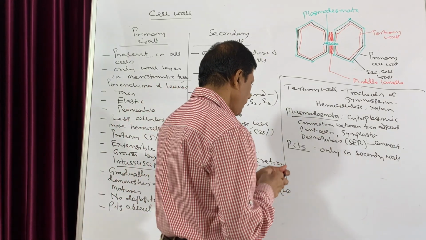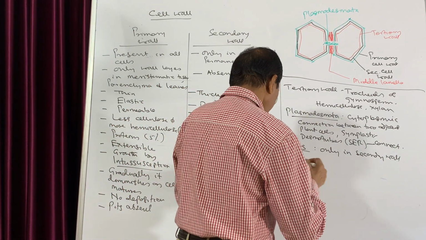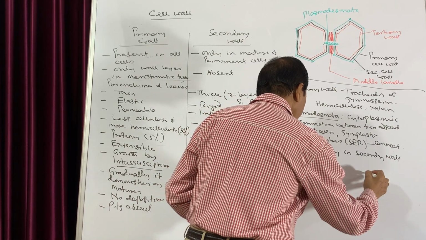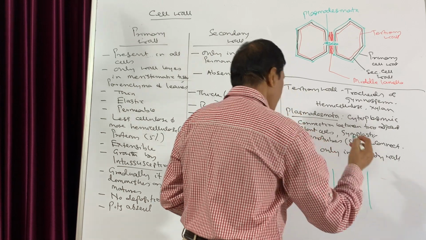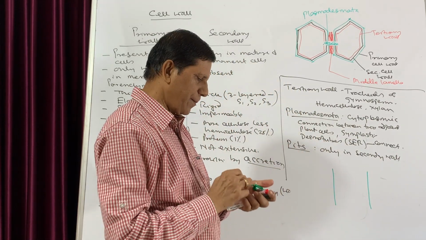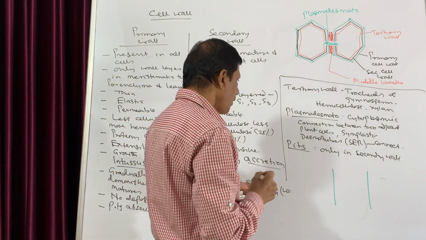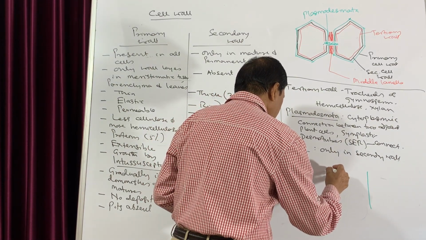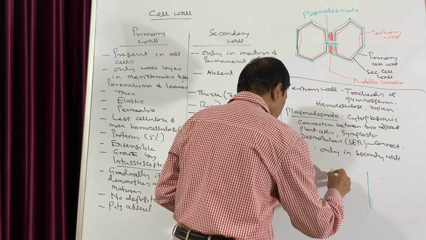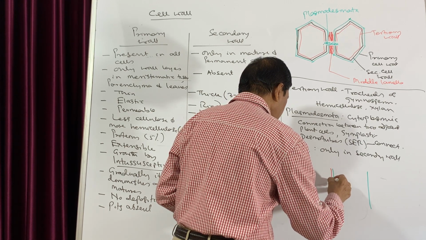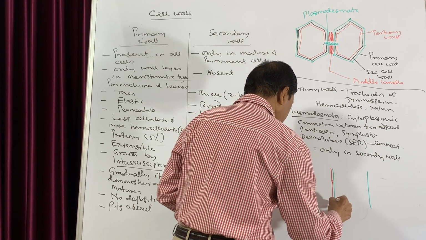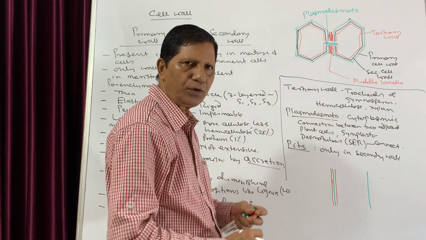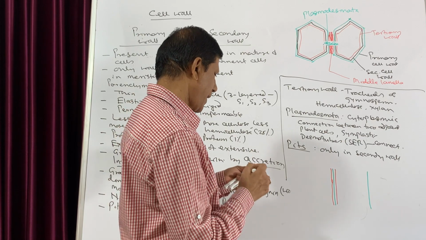Now suppose this is the middle lamella. On both sides of the middle lamella, this is the primary wall and this is the primary wall, on two cells.